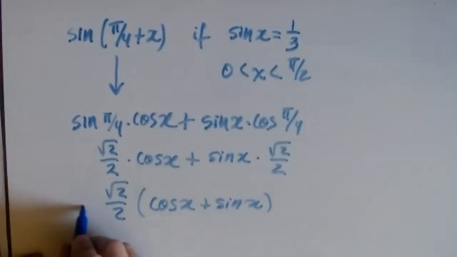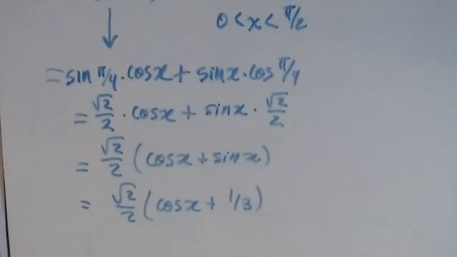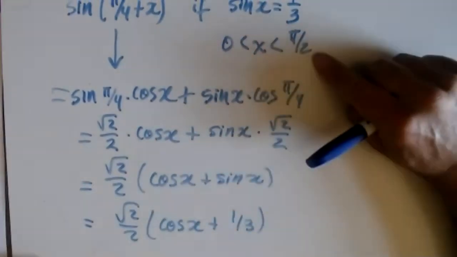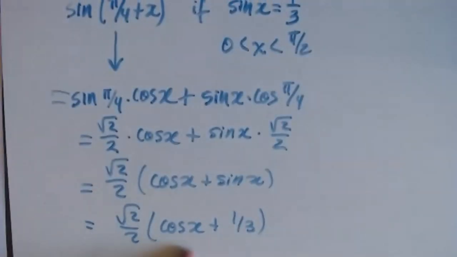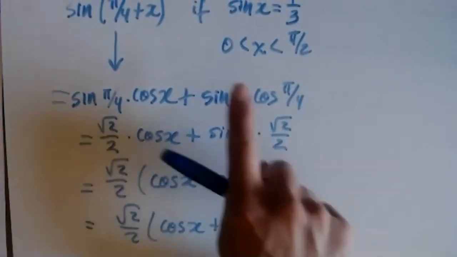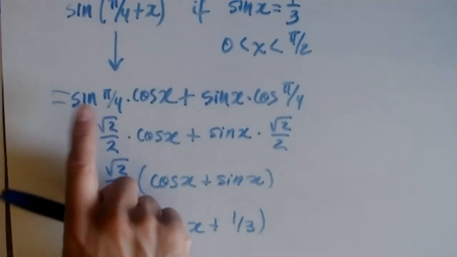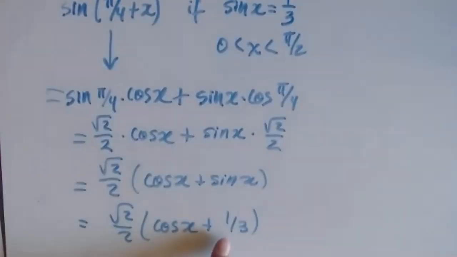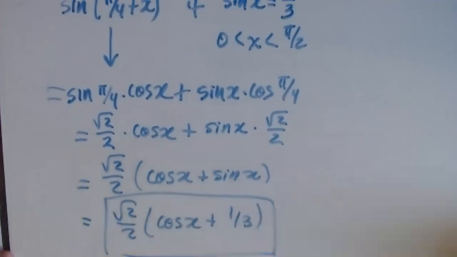So this is equal to square root of 2 over 2 times cosine x plus 1/3. Now, you only know that x is between 0 and pi over 2. So you don't have anything else to do here because this x is not specified, it's in this interval. So this is open, there is no exact value for this one, like there was for this one, or for this one that is given here. So this is my answer.